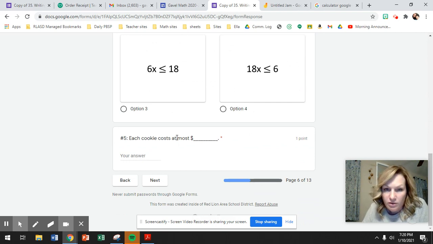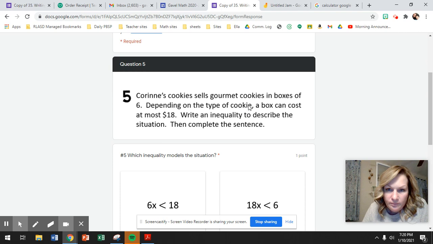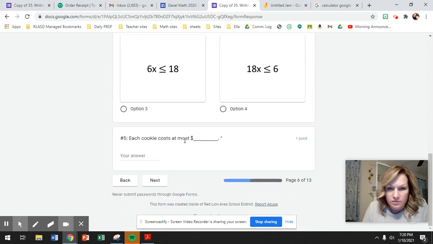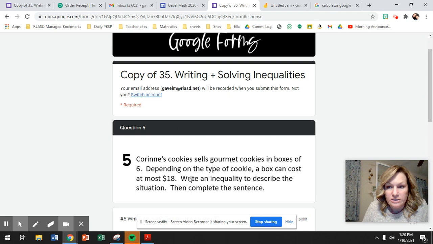Each cookie costs at most how much? So if there's boxes of 6 and it costs at most $18, then 6 times X is going to be less than or equal to 18, because 6 times the cost of each cookie is going to be smaller than or equal to 18.